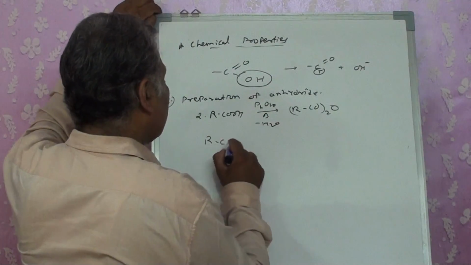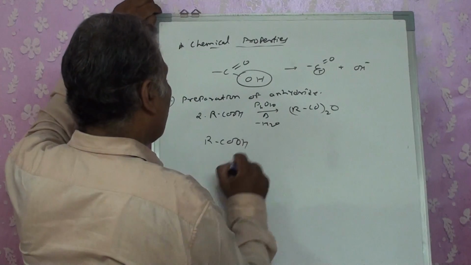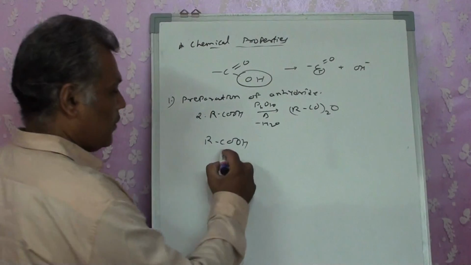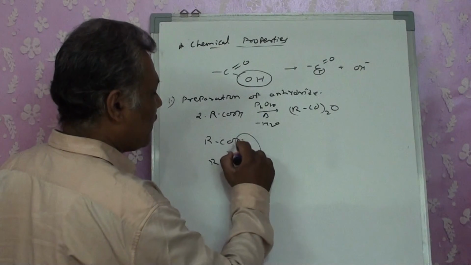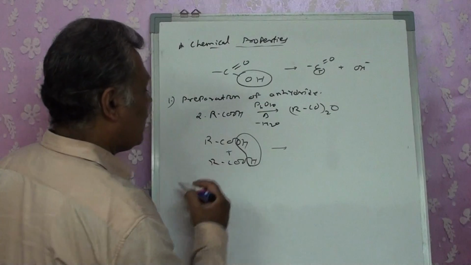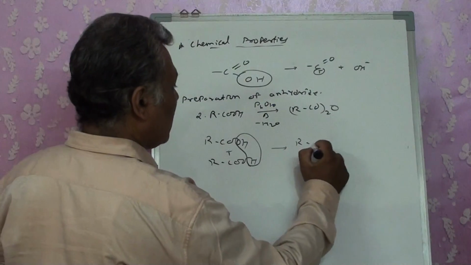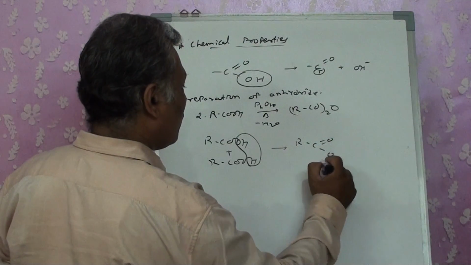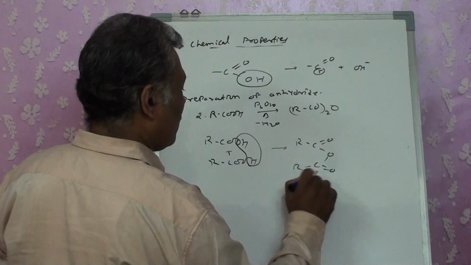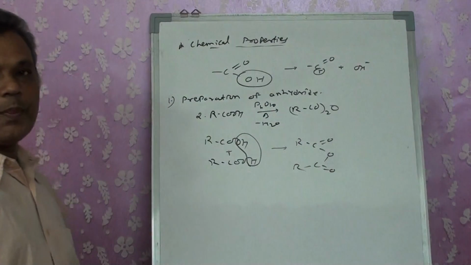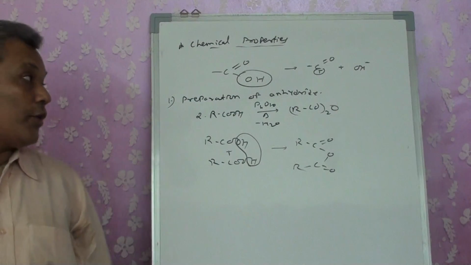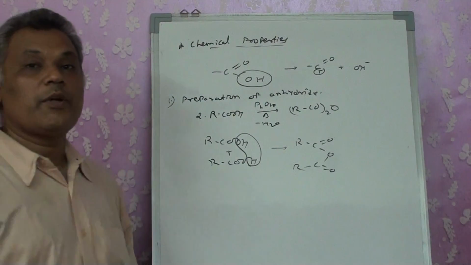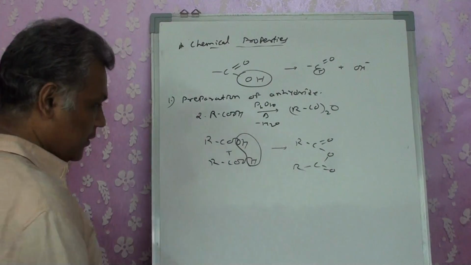We have one molecule of RCOOH, and the other molecule is also RCOOH, but one loses H, one loses OH, and therefore we get RC double bond O, the anhydride group. So that is a method for preparation of anhydride, or you can say it's the first chemical property of carboxylic acid.